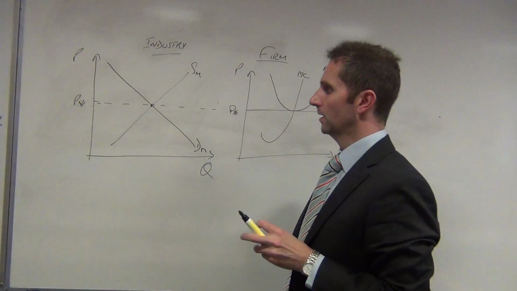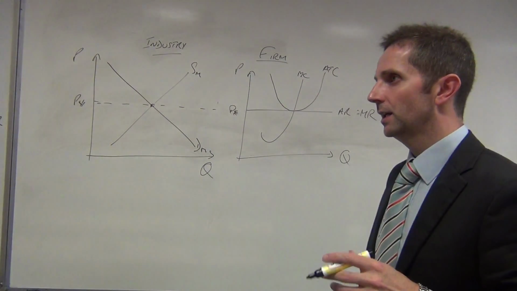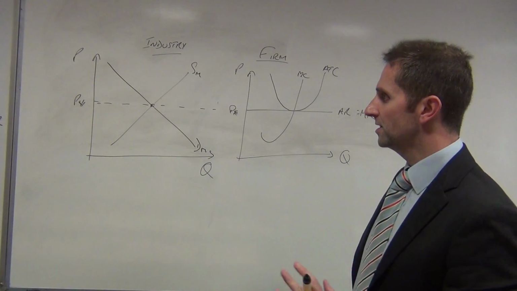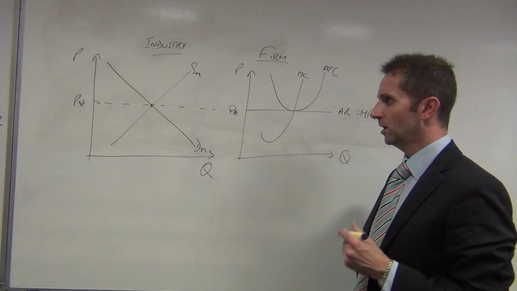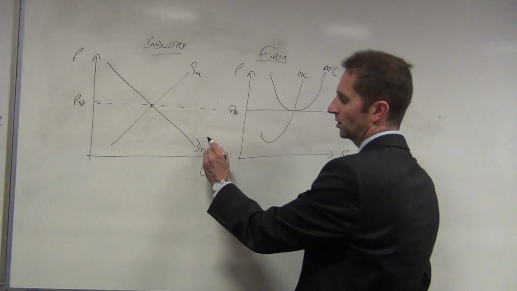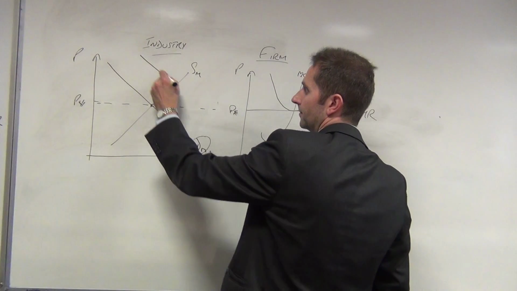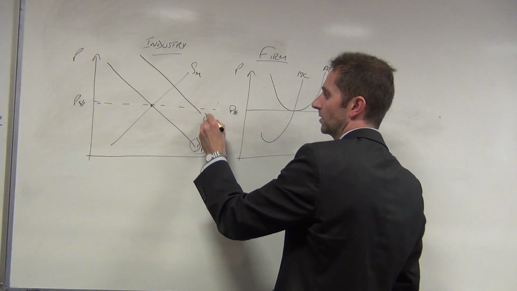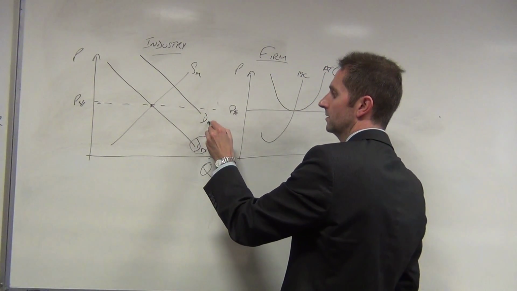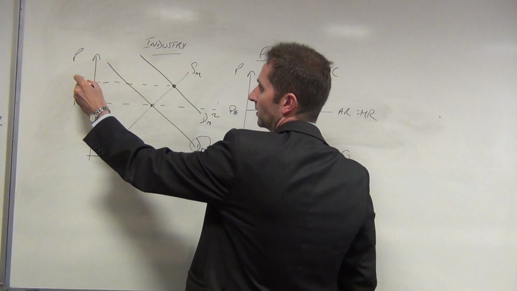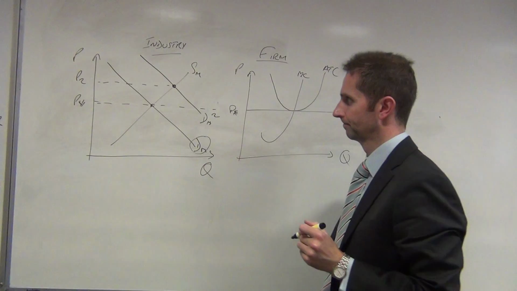Right. So what would happen if there was an increase in demand for the products in this particular industry? Well, as with any product, the demand curve is going to shift to the right. So we shift it right, like so. DM2. Now we've got a new equilibrium price at P2.